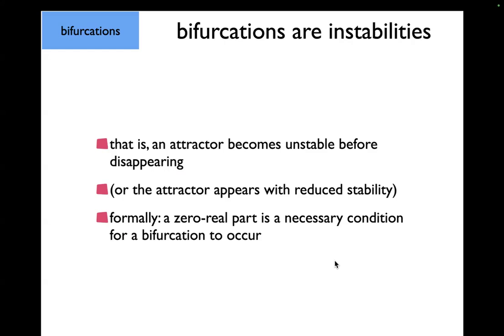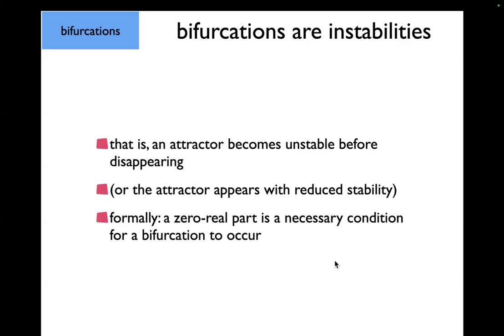So again, bifurcation is a qualitative change of the dynamics. And it turns out that this qualitative change is induced by an instability. So bifurcations and instability are sort of the same thing. And instability really means that an attractor becomes unstable. So an attractor is a stable solution, asymptotically stable, and becomes unstable.